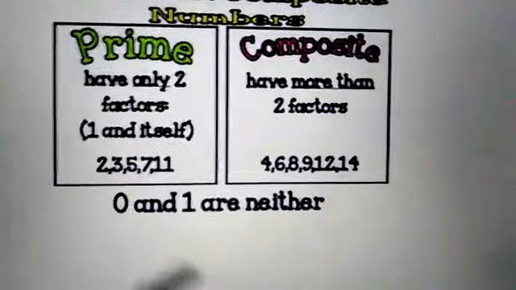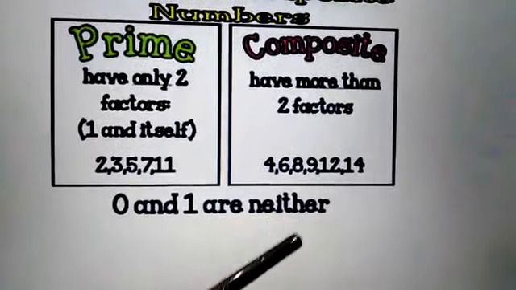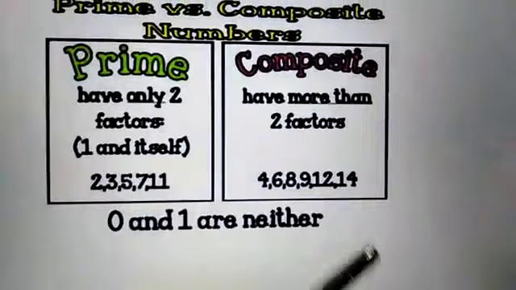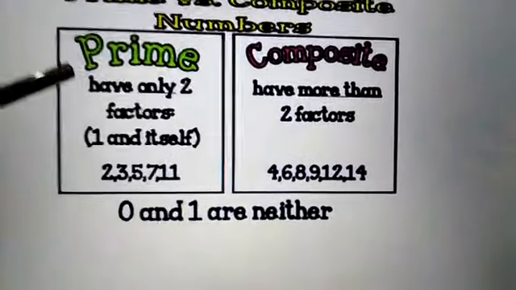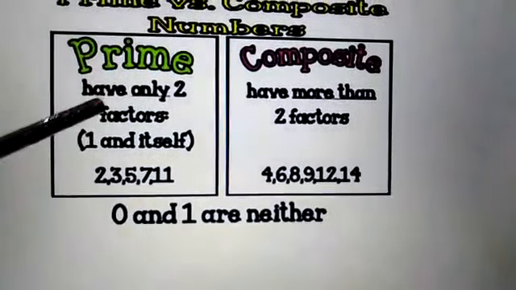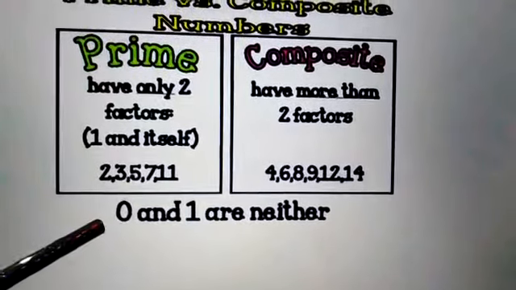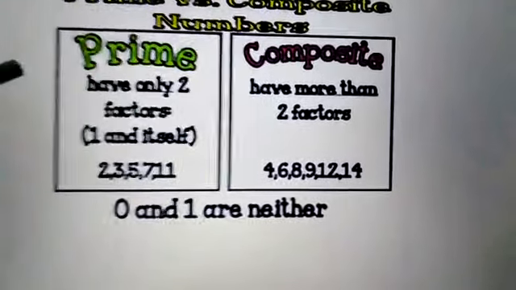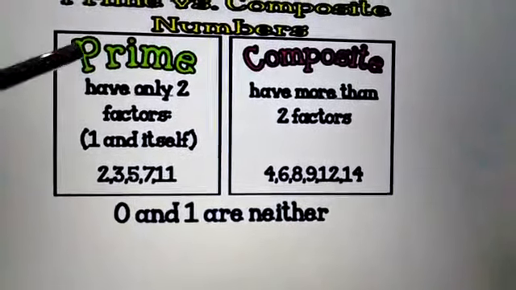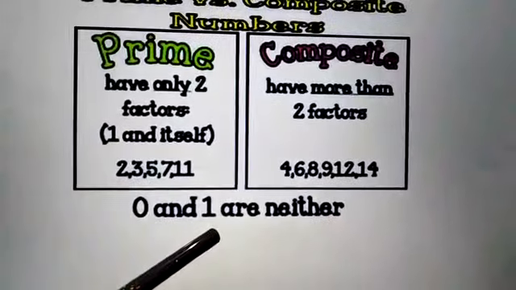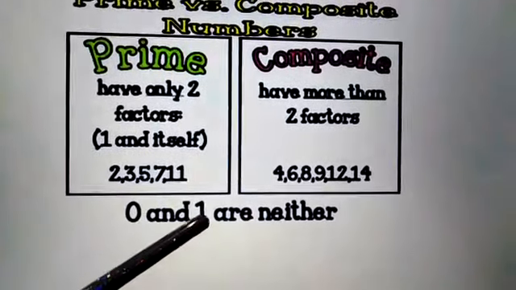Okay students, 0 and 1 are neither prime numbers nor composite numbers. Why? Because prime numbers have 2 factors, but 0 has only 1 factor. 0 is only divisible by 0. Okay, then 1 is only divisible by 1.